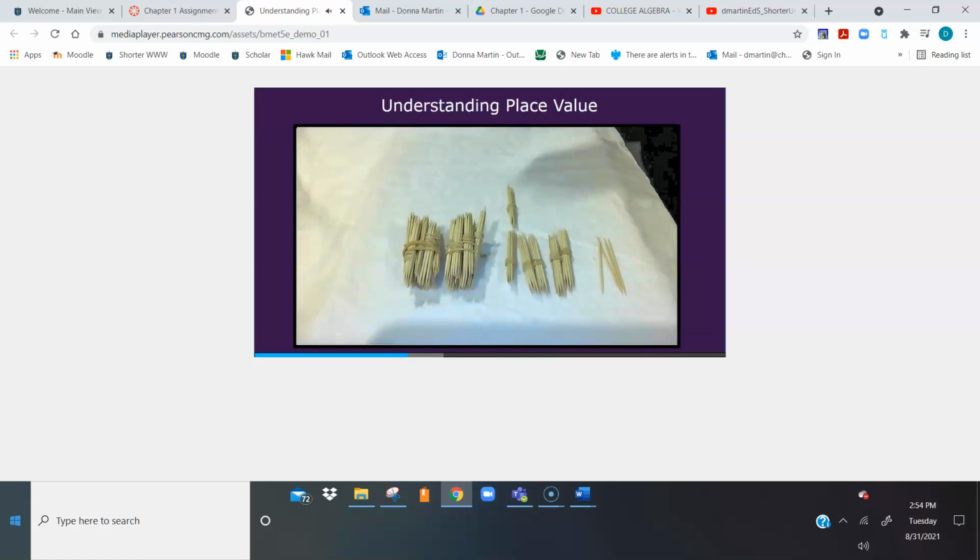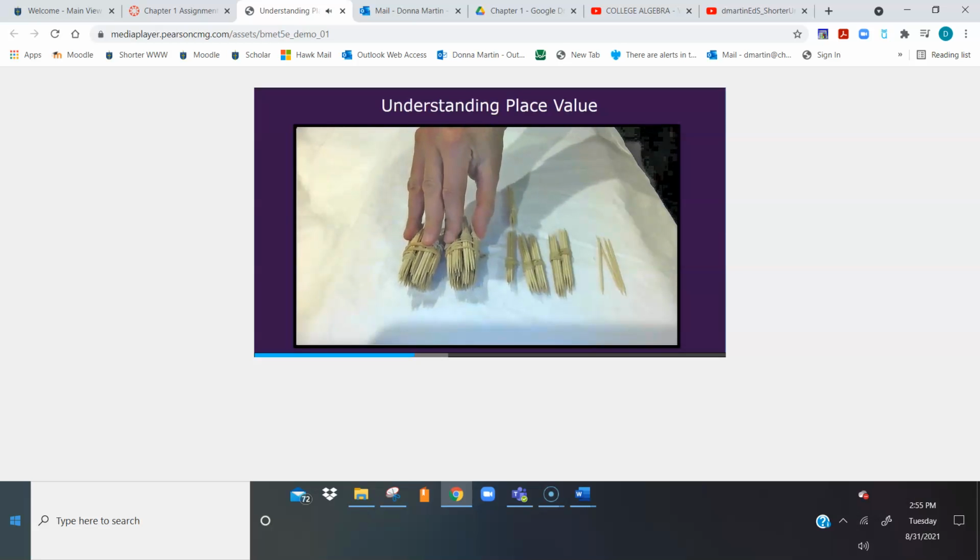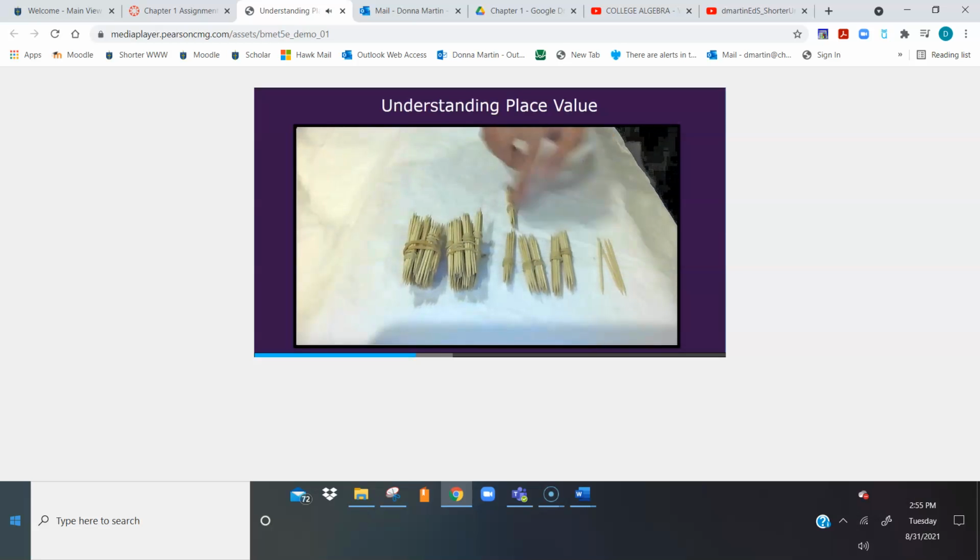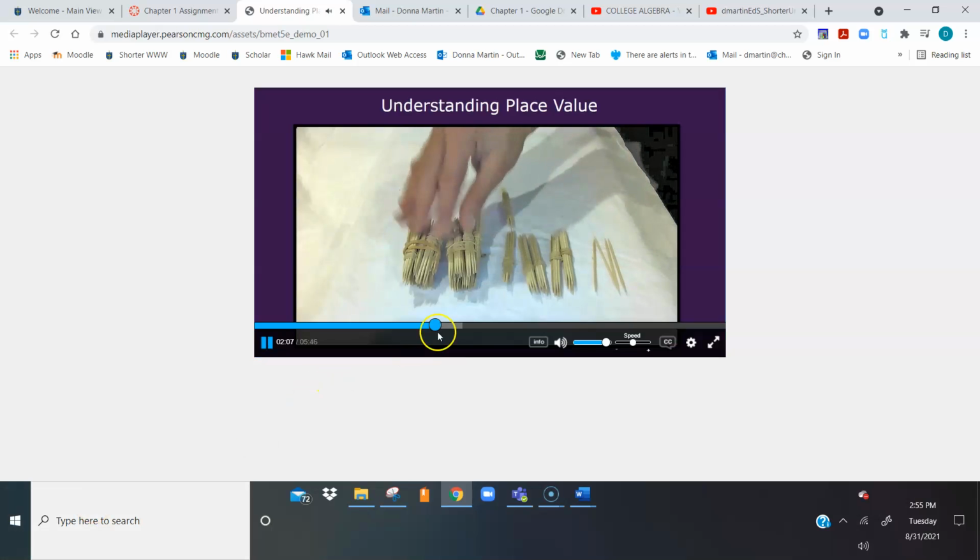So now I have 2 bundles of 10 10s, that's 200, and 6 bundles of 10, that's 60, and 4 more ones, 4 more individuals, altogether 264.